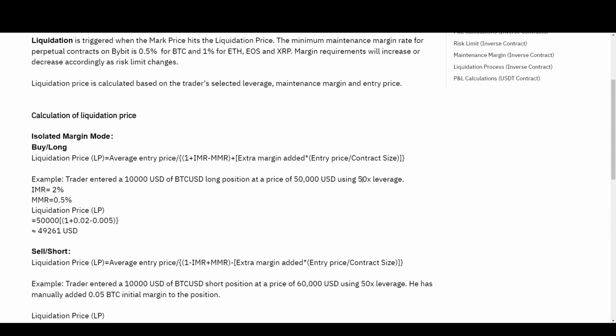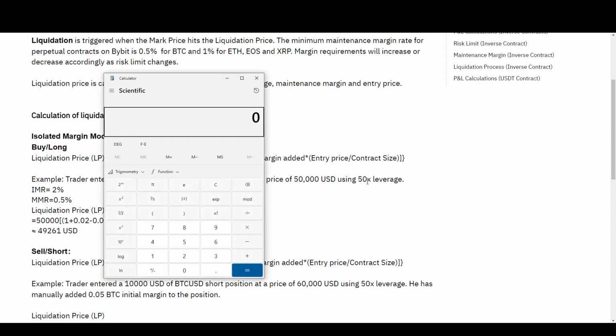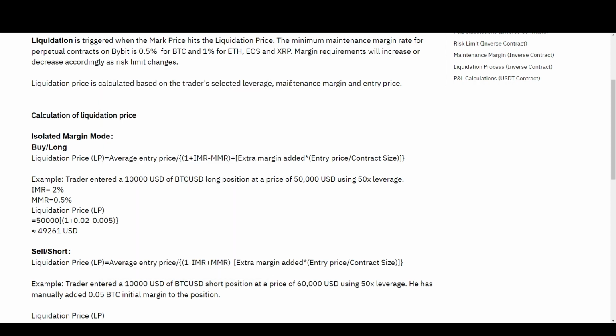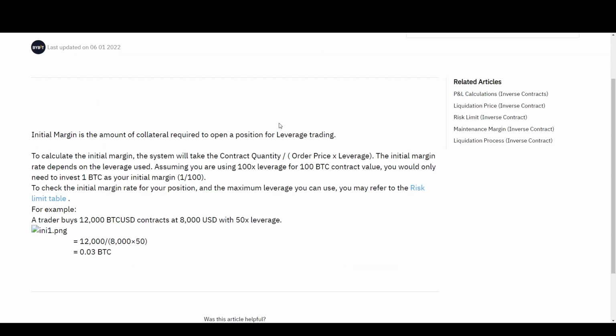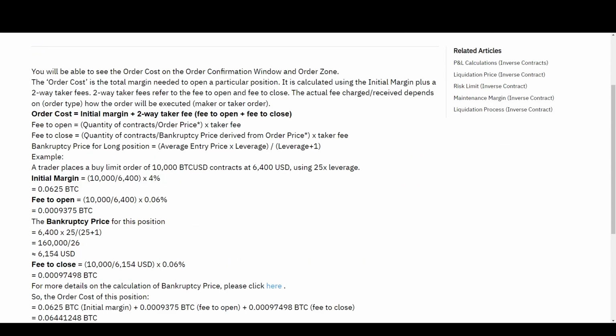One over 50 is two. What? 1 divided by 50. That's 2%. So initial margin is not initial margin rate.